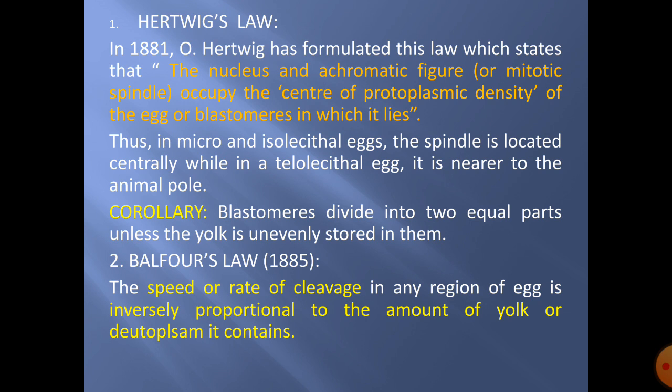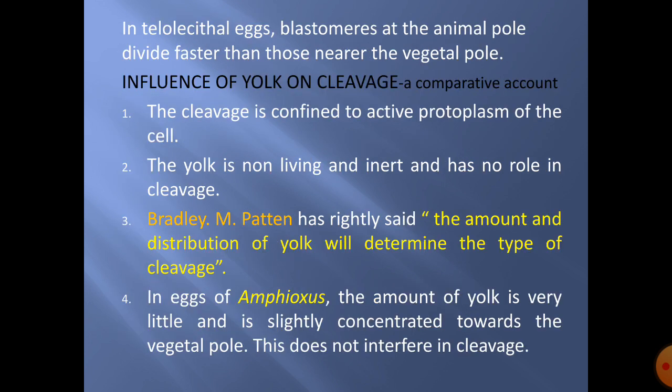The cytoplasm containing the yolk is called deutoplasm. In telolecithal eggs, blastomeres at the animal pole divide faster than those near the vegetal pole because they are yolk free in the animal pole, whereas they are yolk laden in the vegetal pole.